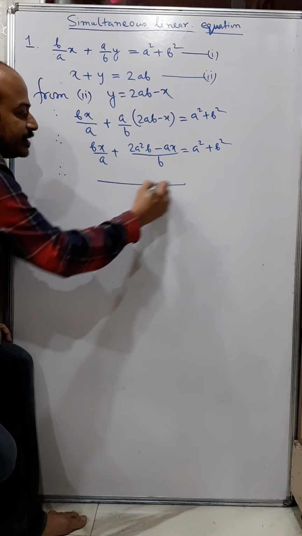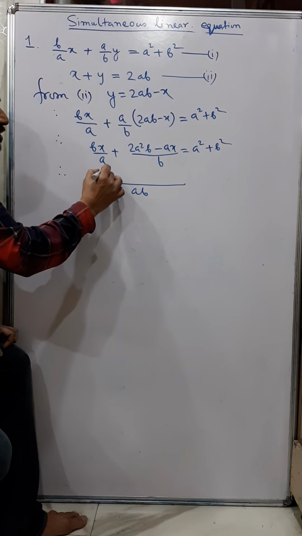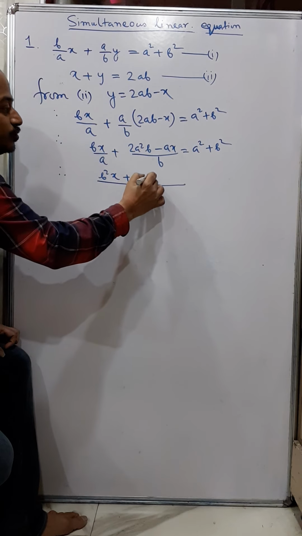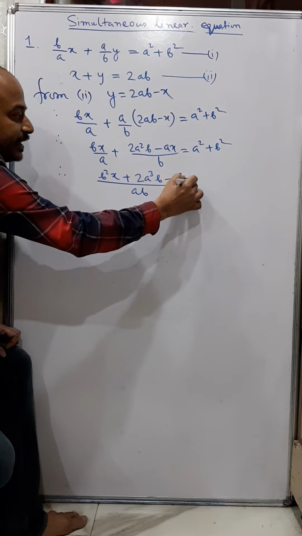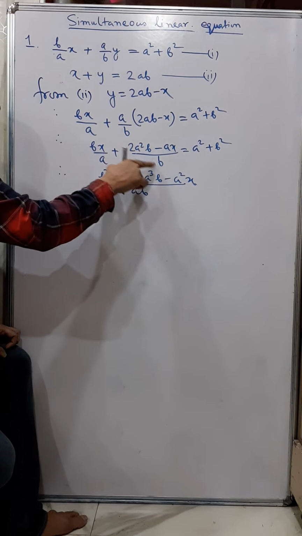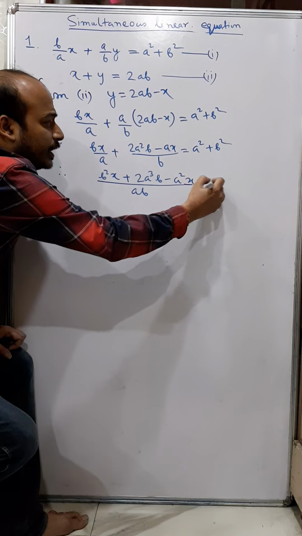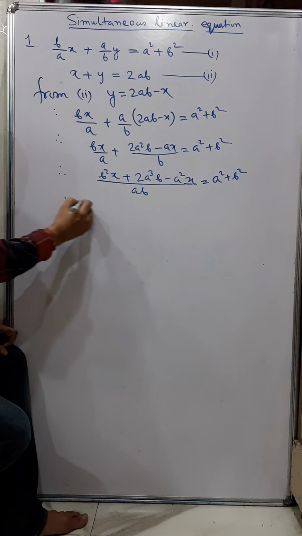Now if we take LCM ab, we get here b square x and we get here 2a cube b minus a square x, multiplying with a and this one multiplying with b, and that is equal to a square plus b square.